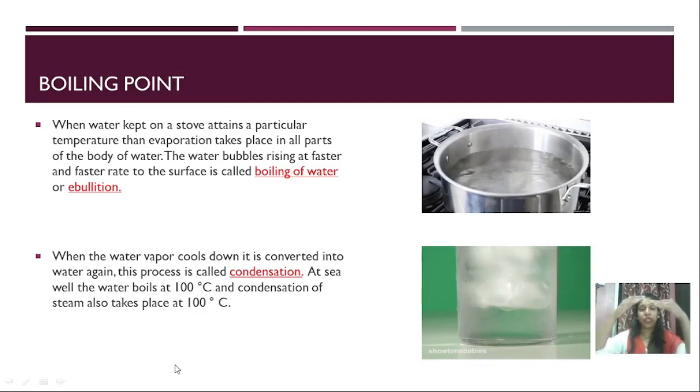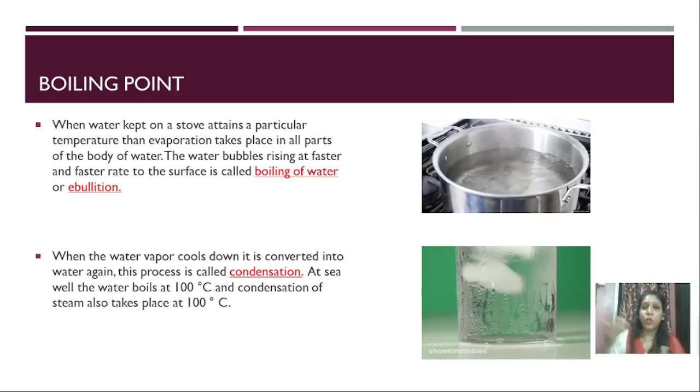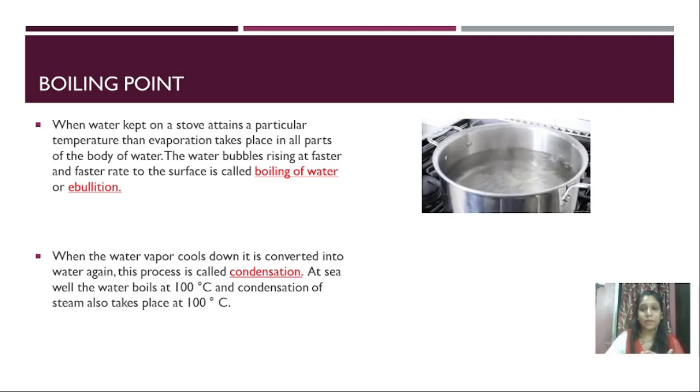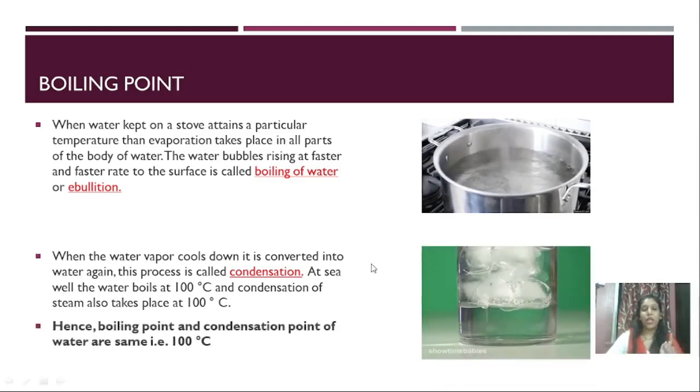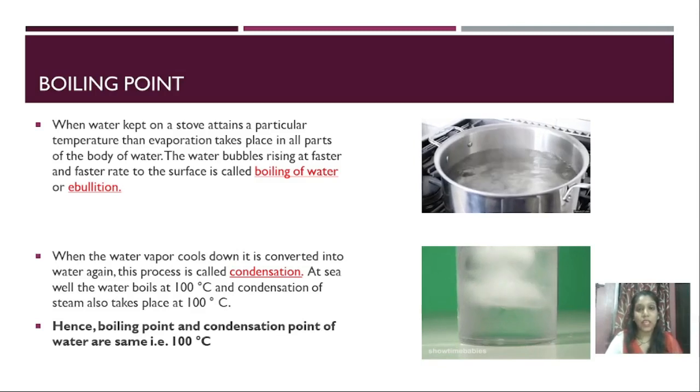When the water vapor gets converted into water, that process also takes place at 100 degrees Celsius. Hence, the boiling point and condensation point of water are the same, that is 100 degrees Celsius.